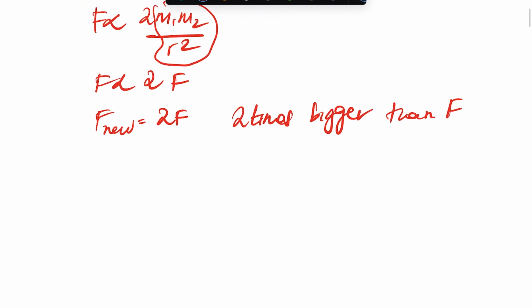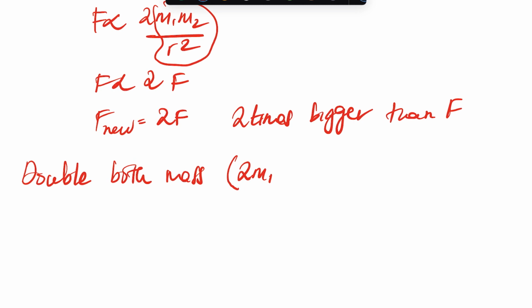Now let's say you double both masses, so it will be 2m1 times 2m2. So in other words, guys, this will be 4, the 2 times 2, it's 4 mass 1 times mass 2. So what will be the new force? We want the new force.